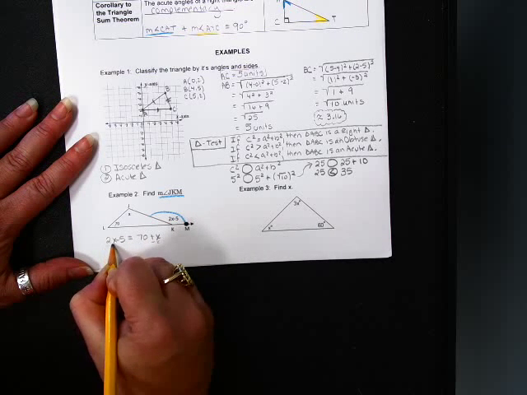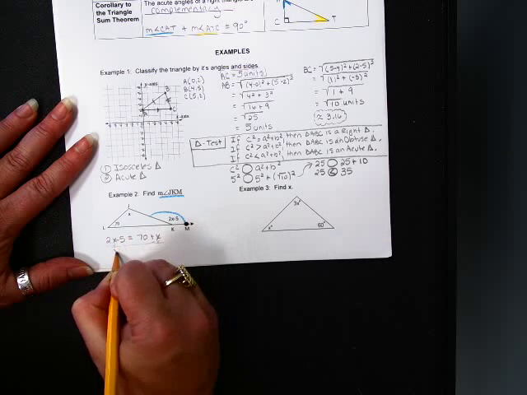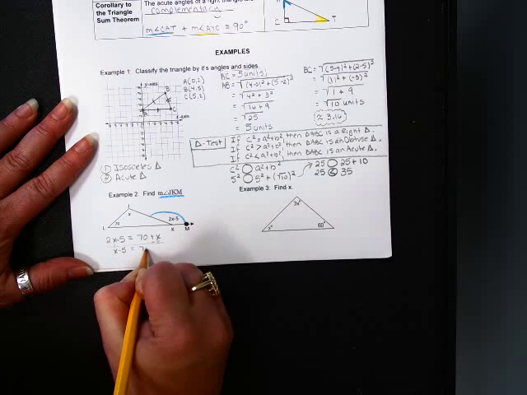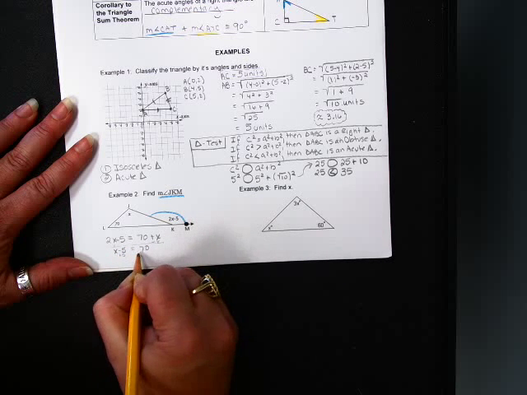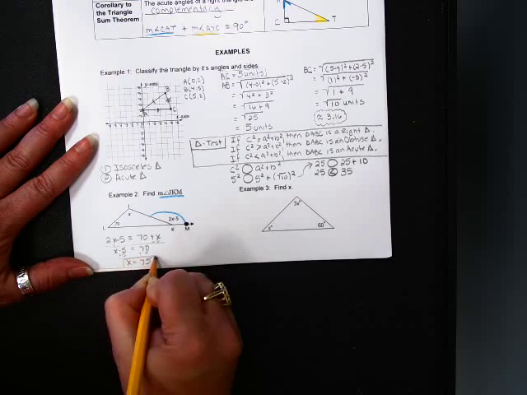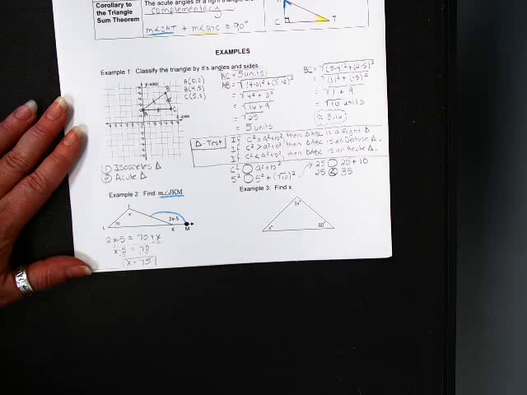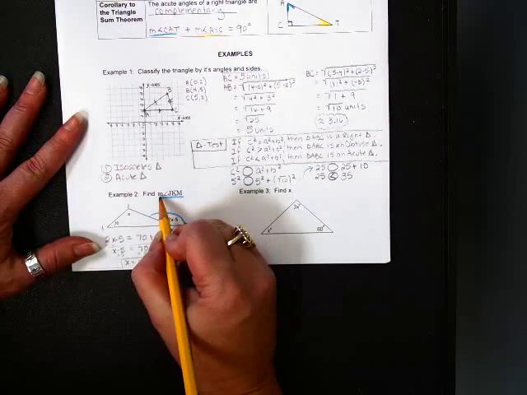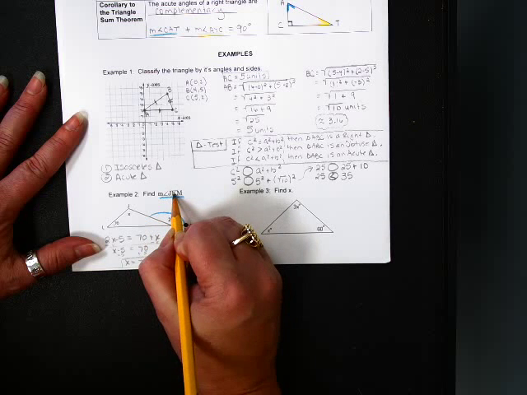Subtract x from both sides. I get x minus 5 equaling 70. Now add 5 to both sides. X equals 75. And most people just draw a box around that and they stop right there. But that's not where you want to stop. Remember, they asked for the measure of JKM.